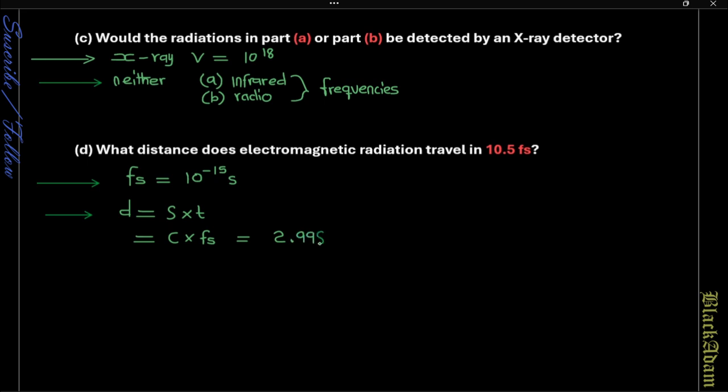So that's going to be 2.998 multiplied by 10 to the power 8 meter per second, multiplied by 10.5 fs, multiplied by 1 times 10 to the power negative 15 seconds per fs. That's the conversion factor. So the fs cancels out, and the second cancels out, and we're left with meters.